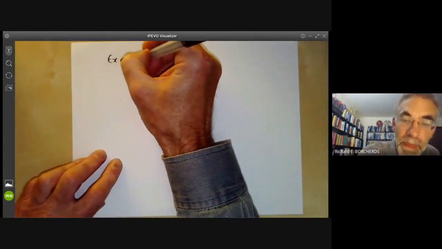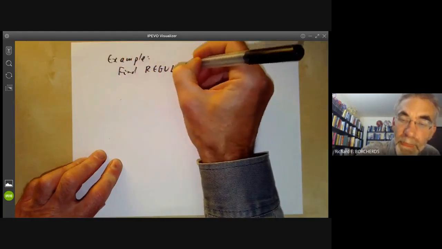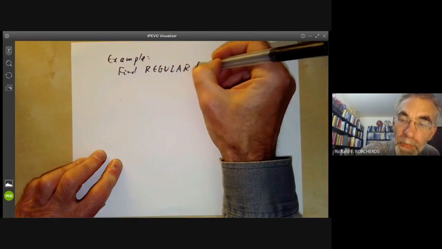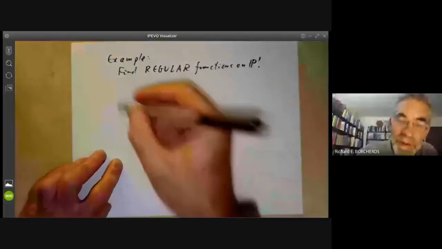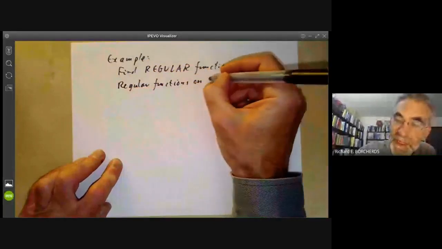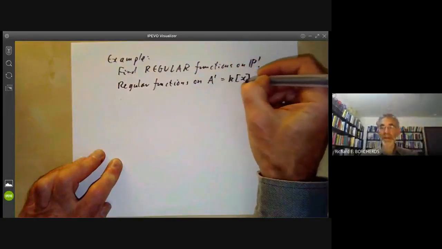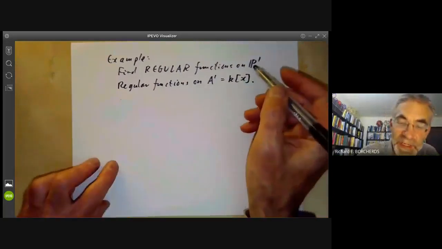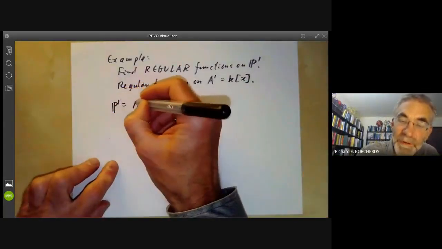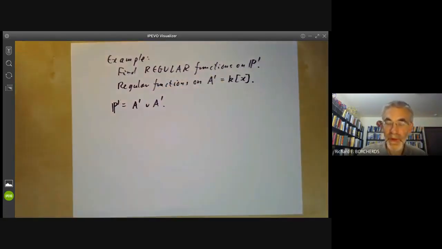Let's just find regular functions on one-dimensional projective space. Well, we know the regular functions on affine space is just the ring of polynomials. So to find the regular functions on projective space, we cover it with two copies of affine space.